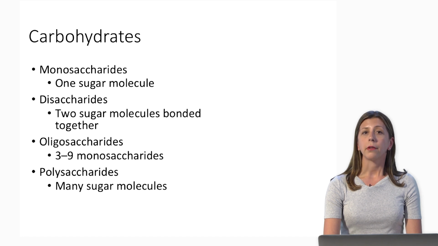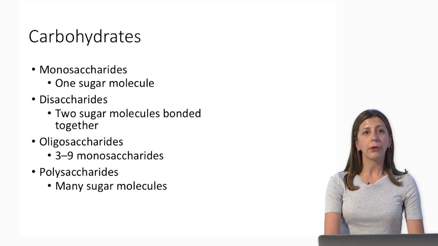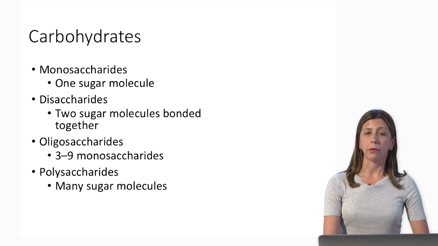Mono means 1, so there's 1 sugar molecule. Disaccharides, di meaning 2, you have 2 sugar molecules bonded together. Oligosaccharides means that there are many monosaccharides, so it's really defined as more than 3 sugar units or individual monosaccharides linked together. That can vary, right? So you can have either 3 or 5 or 7 or 9. It's kind of a broad term in that sense.